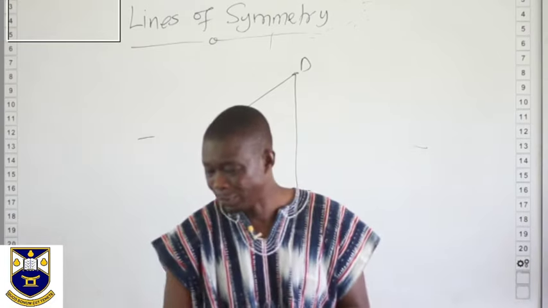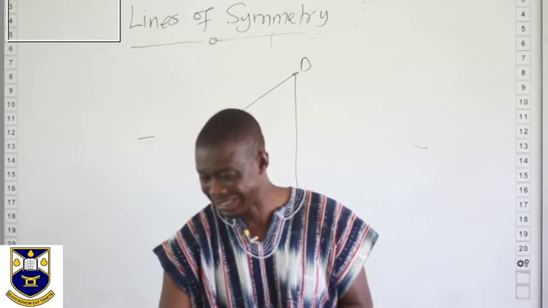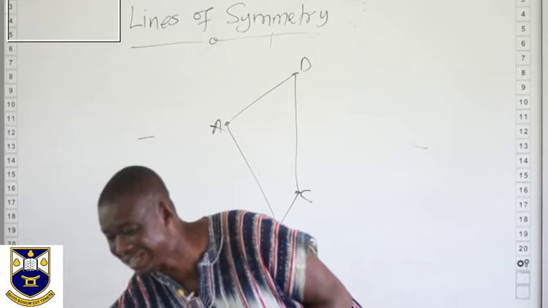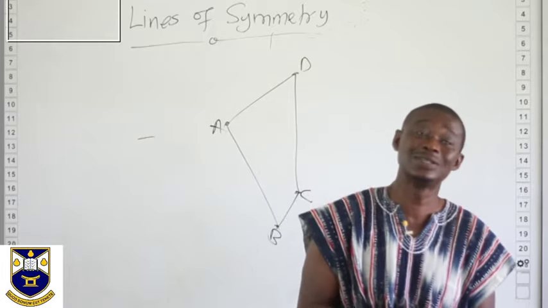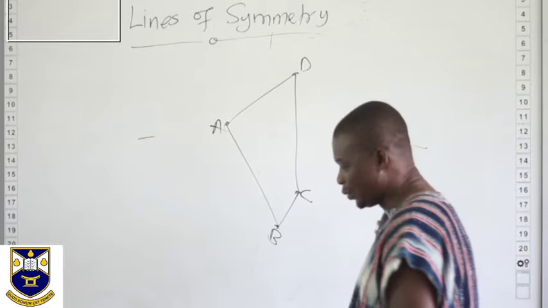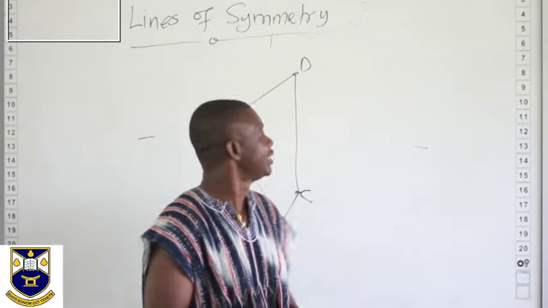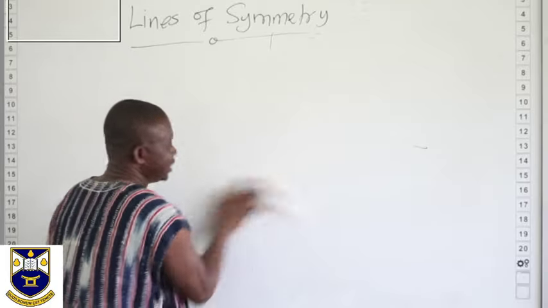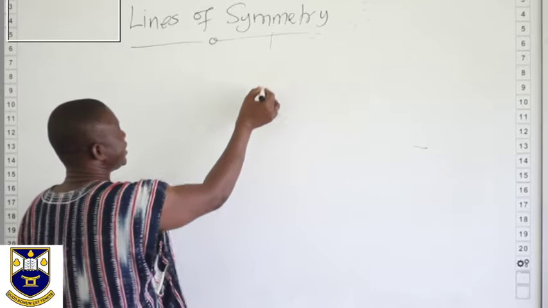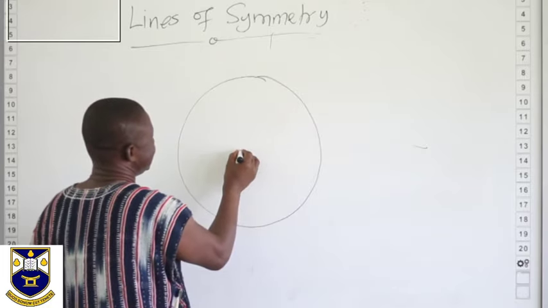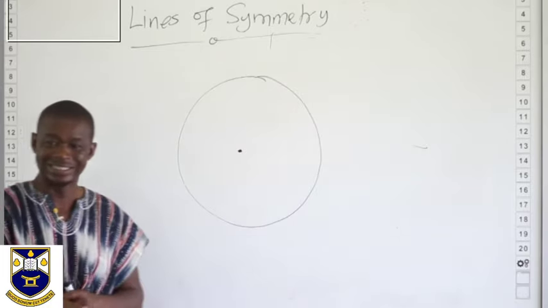Good. Now we are left with one interesting figure, and that one is the circle. A circle is also a plane figure. Now with the circle, let me draw a circle on the board and let's see. I have a circle like this. It has a center.